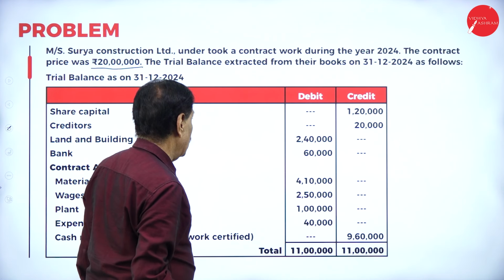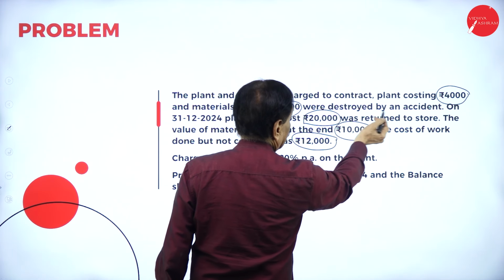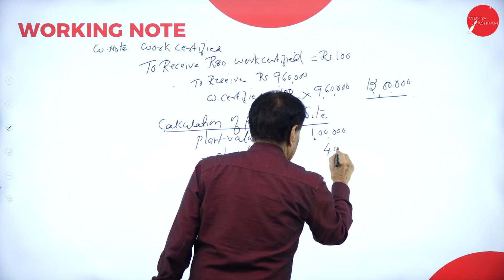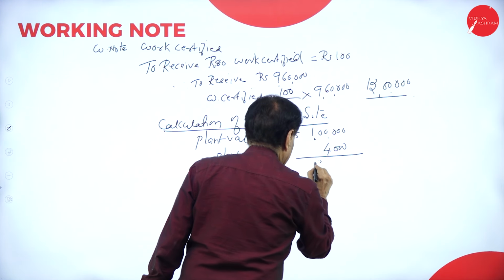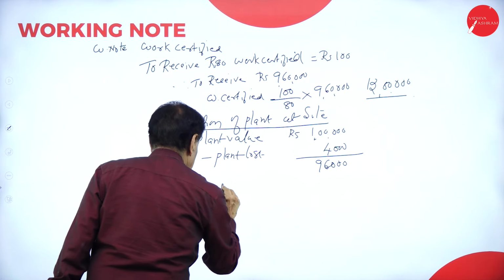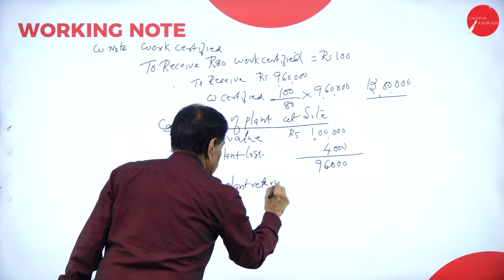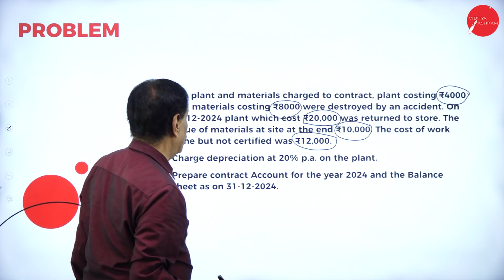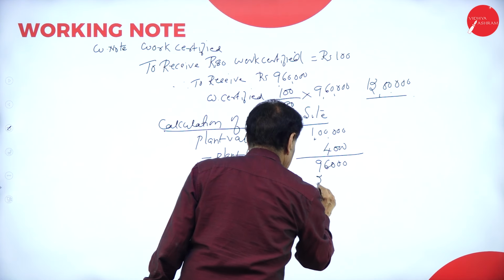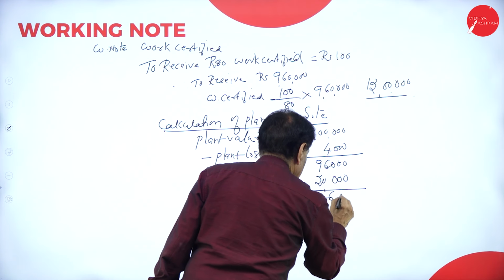What's the value of plant lost here? Plant costing 4,000 were destroyed. Balance is 96,000 minus plant returned. What's the value of the plant returned? 20,000. It becomes 76,000.